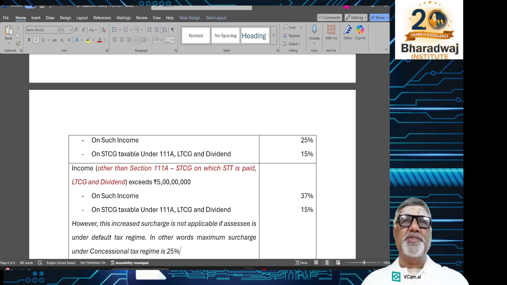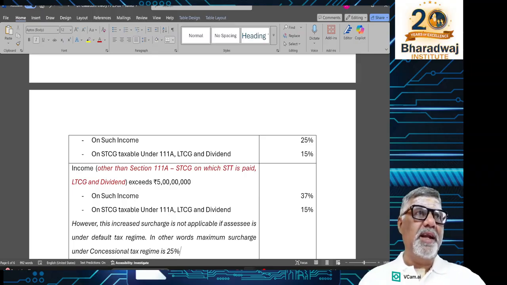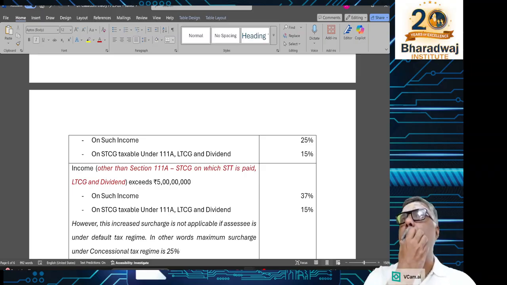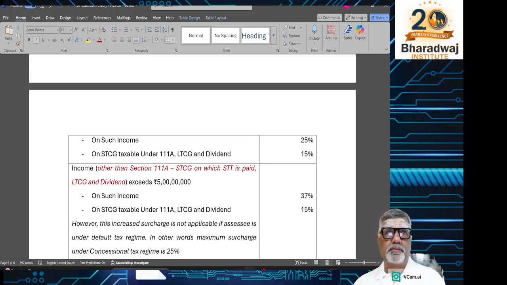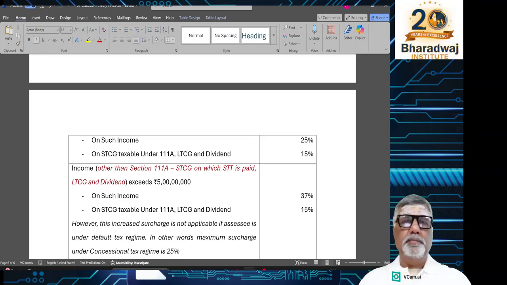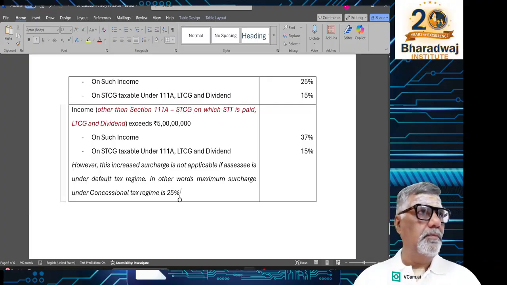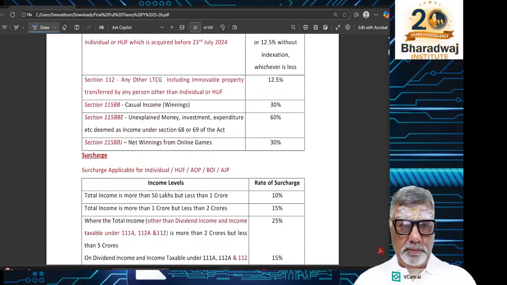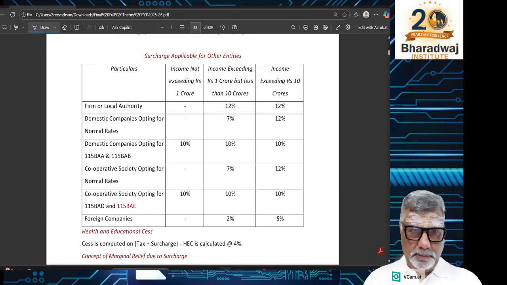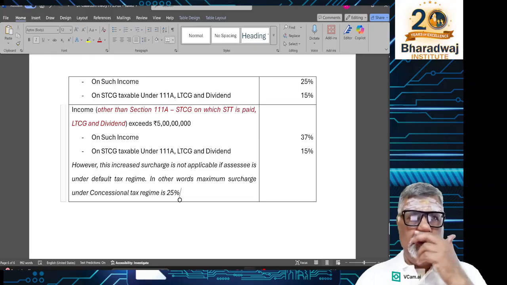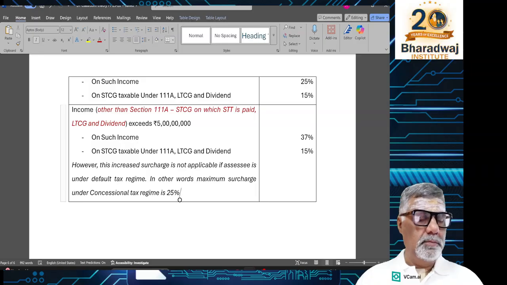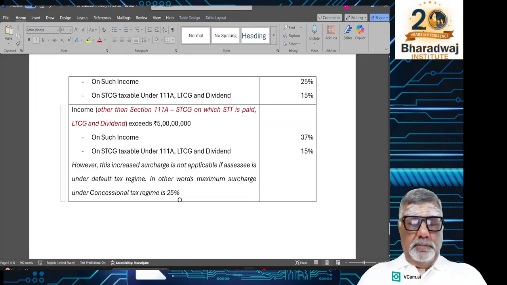This additional 37% slab is not applicable if assessee is under default tax regime. Am I clear to you?